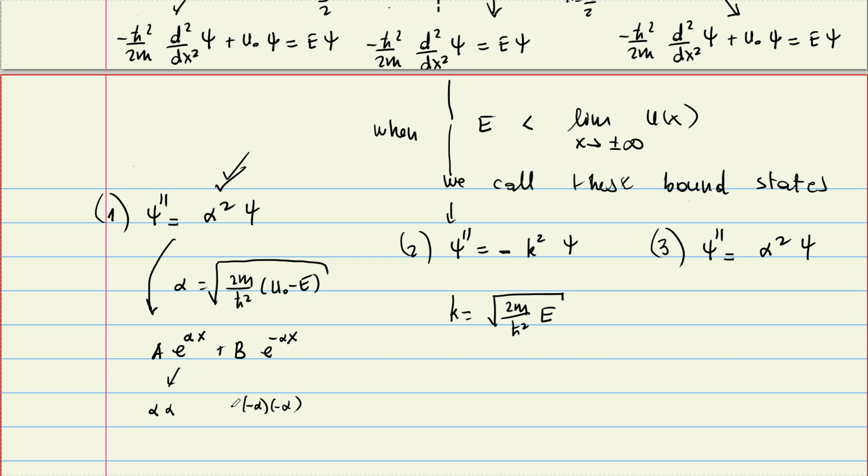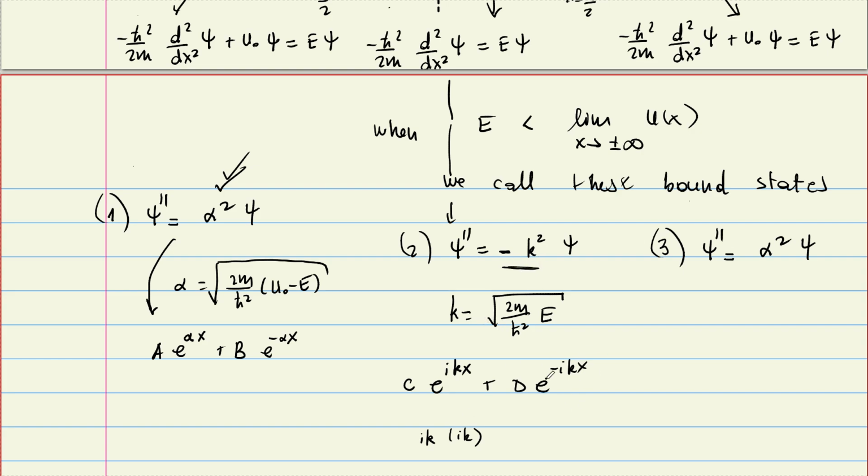If these two are solutions, any linear combination is also a solution. And for this one, similarly, so I use A and B. It's going to be C times e to the i k x plus D times e to the minus i k x. How do I know that? Again, by substitution, the first derivative is going to give me ik. The second derivative is going to give me one more ik, and i squared is minus 1, so I have minus k squared as I require.